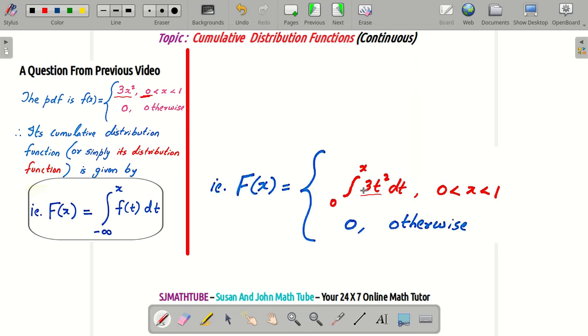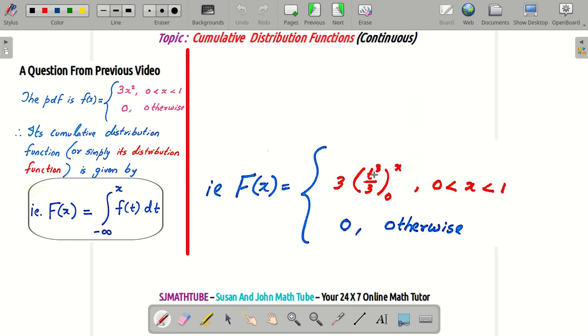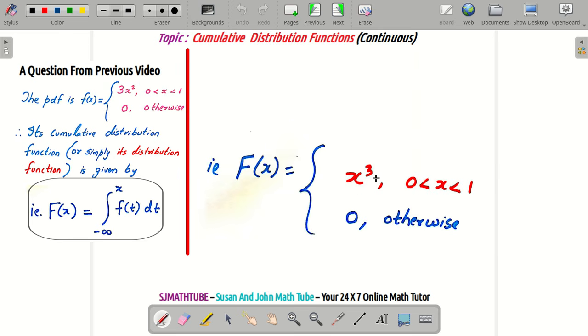This gives me the sum of the probabilities from 0 to any number I desire. Now it's just integration, put the upper limit and lower limit, and you get this.